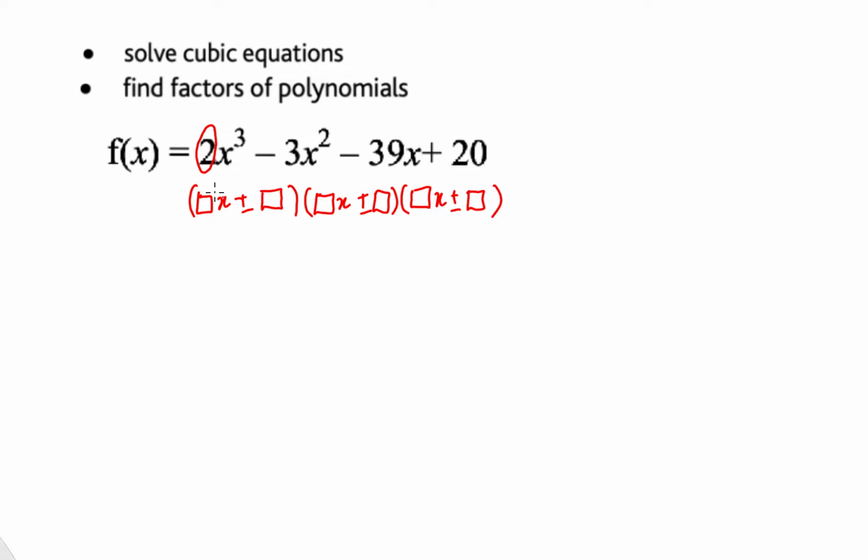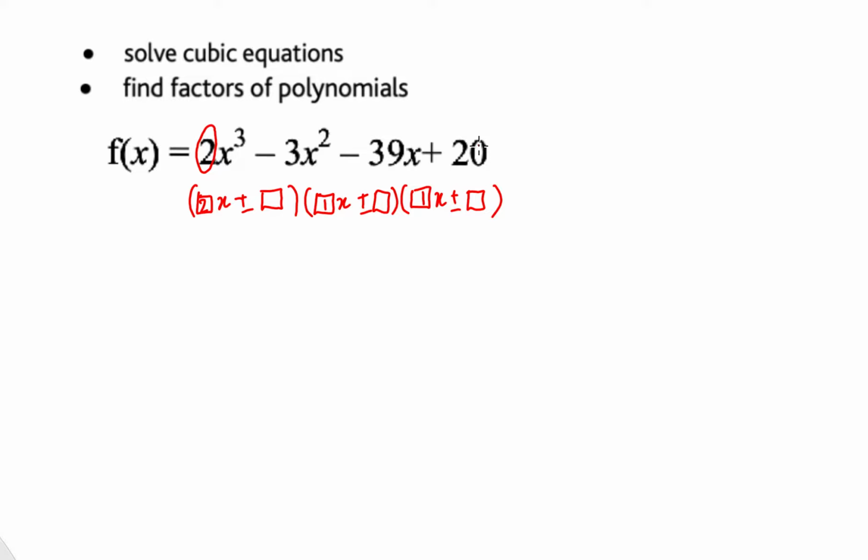When I do this x term times this x term times this x term, one of them has to have a 2 in front of it. I guess you could make the argument that we could technically have irrational numbers here, so we could have √2 and 1, but this is just GCSE maths, so it's very likely that we're going to have a 2 in front of one of them, and then just a 1 here and a 1 here.